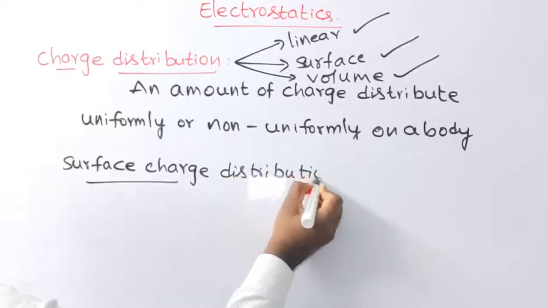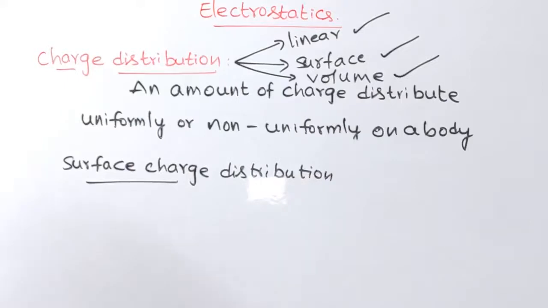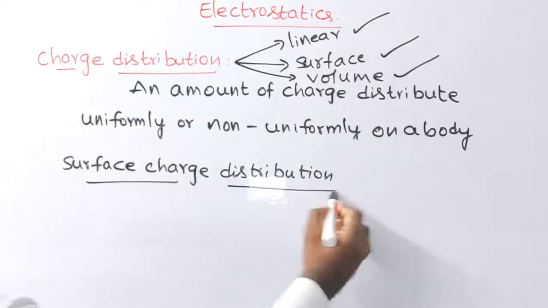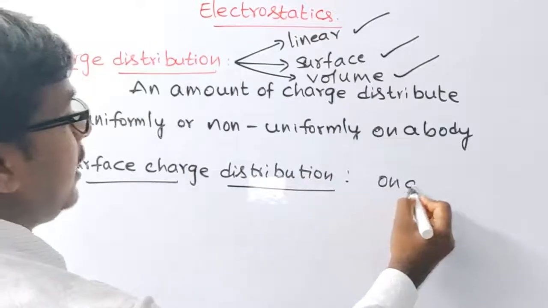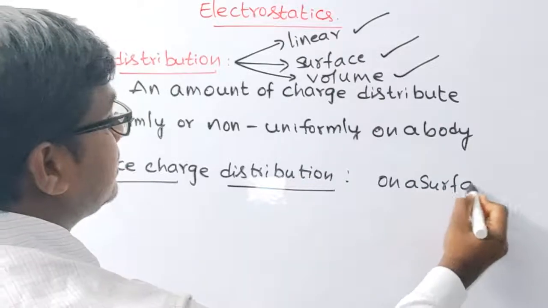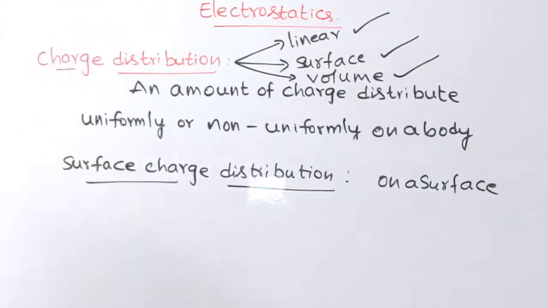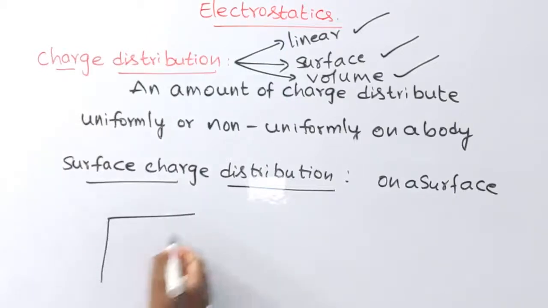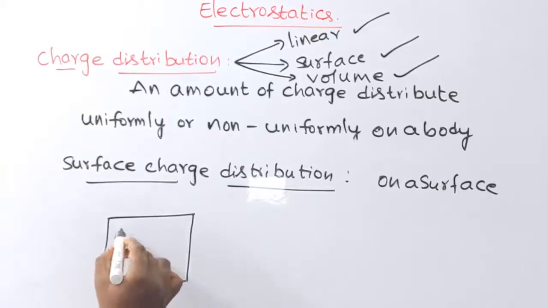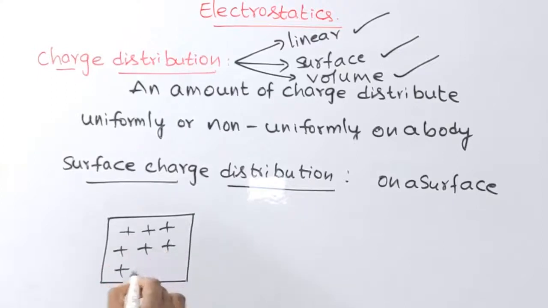The surface means area, and area means two-dimensional. In the surface charge distribution, the charge is on a surface, like a charged plane sheet. This is the plane sheet. The positive charges are acting.